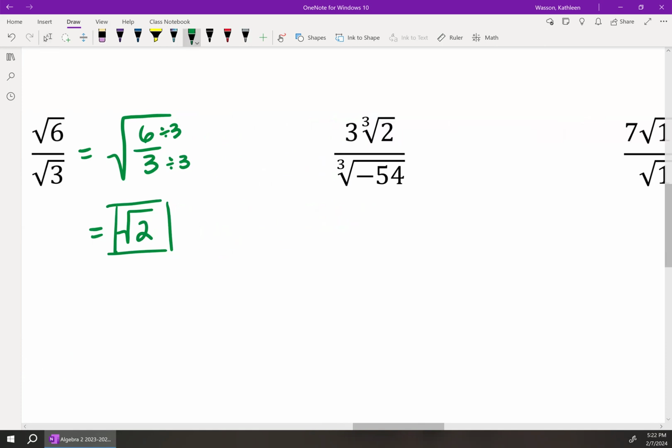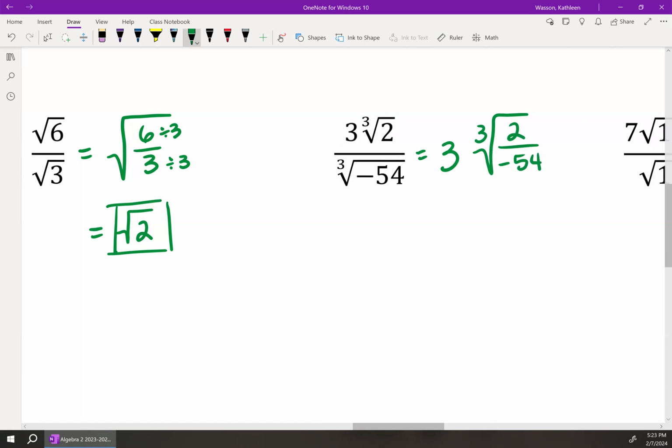Next, I have 3 times cube root 2 divided by cube root negative 54. These radicands match, so I can write this as 3 times cube root 2 divided by negative 54.